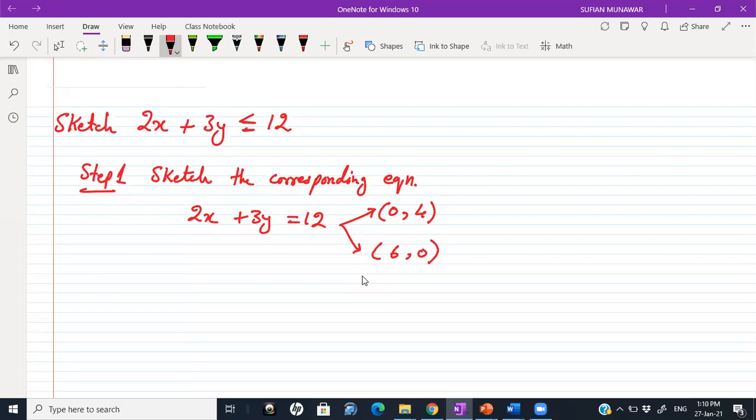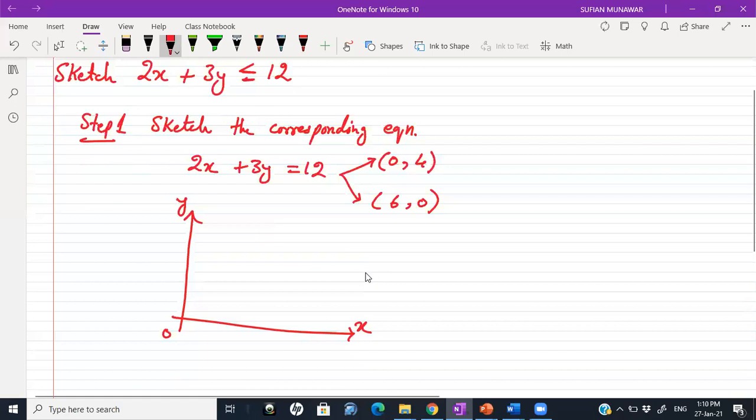The next step, you will take these 2 points on the coordinate system. You will draw the coordinate axes. Here you have x, and here you have y, and now you will scale them. x varies from 0 to 6 and y varies from 0 to 4.